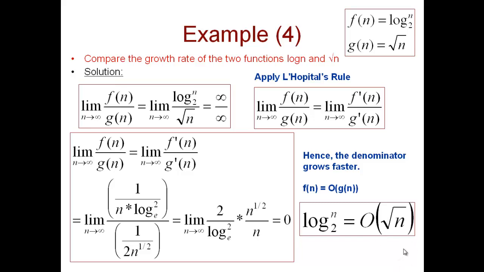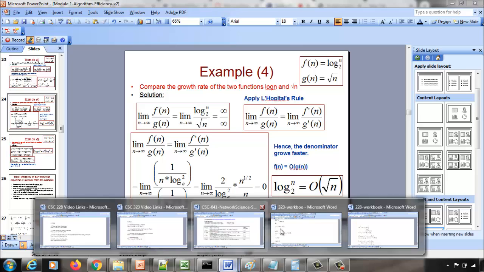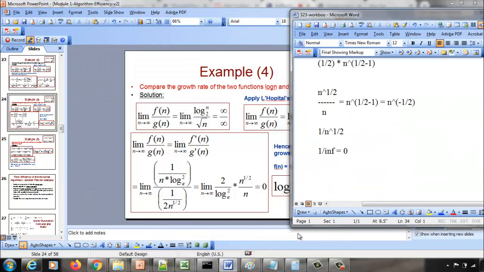Now for practice, you could try comparing log n again to the base 2 with, say, n raised to 1 over 100. We saw n raised to 1 over 2, that is square root of n.